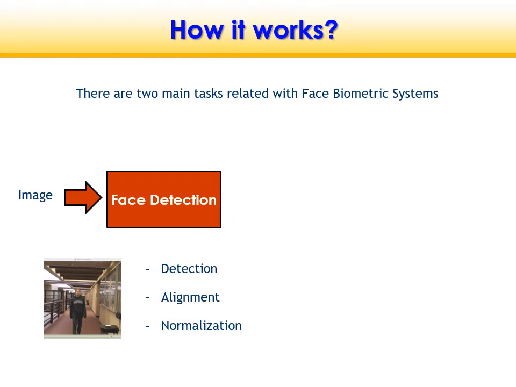Usually face biometrics are divided in two main blocks. The first processing block usually is face detection. It's kind of segmenting, locating the face to recognize in a given image. And this problem is usually much more difficult compared to fingerprint segmentation or iris segmentation. Remember, we discussed fingerprint segmentation already.